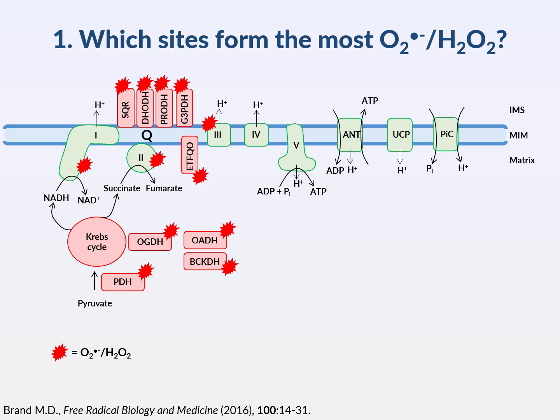This is indicated here by the red stars in this diagram. These sites typically use flavin groups, such as flavin mononucleotides or flavin adenine dinucleotides, or semiquinone radicals, to form either superoxide or hydrogen peroxide. The 12 sites can be broadly classified into two groups.